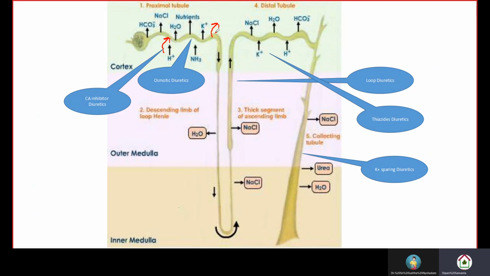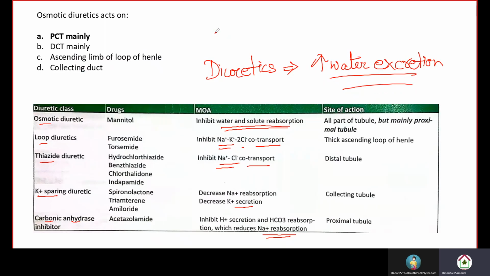So if we inhibit the nephron from reabsorbing water, this means there will be excretion of water. So inhibition of water reabsorption is one of the very important and main mechanisms of action of these diuretics.